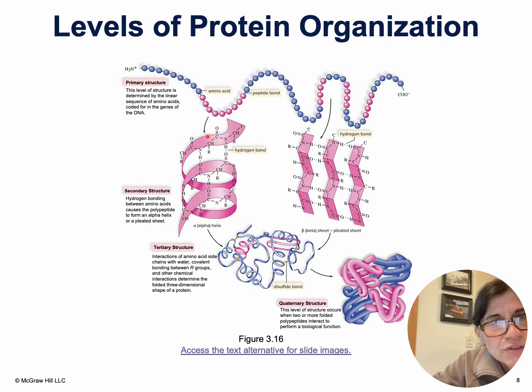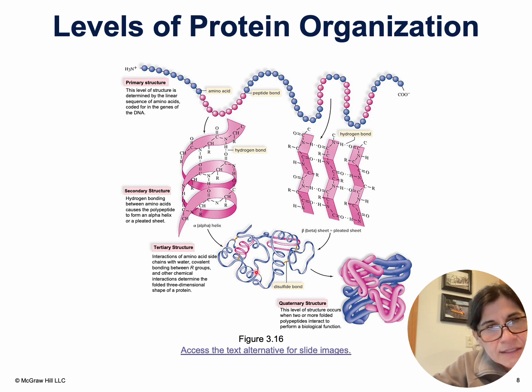The secondary structure causes these chains to make either an alpha helix, this helical shape on the left, by interaction of the constant regions of the amino acids, or this more accordion shape on the right, which is a pleated sheet. Those secondary shapes will fold upon themselves because of the characteristics of those R groups to form this final tertiary structure, which is here where I'm highlighting.